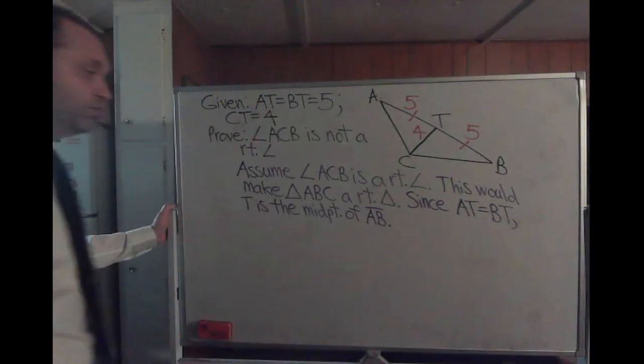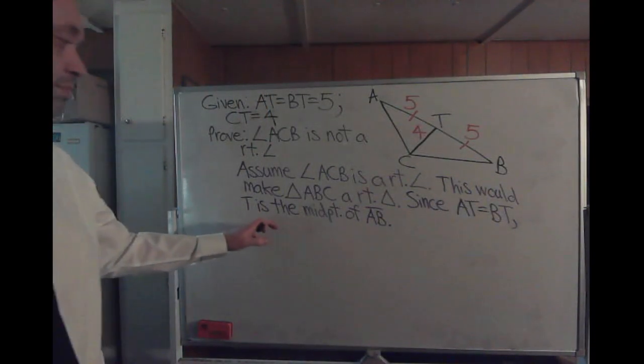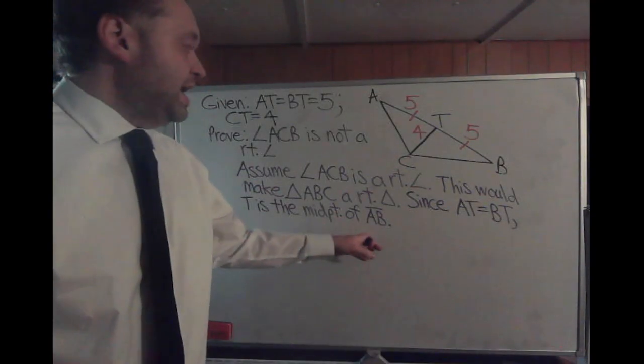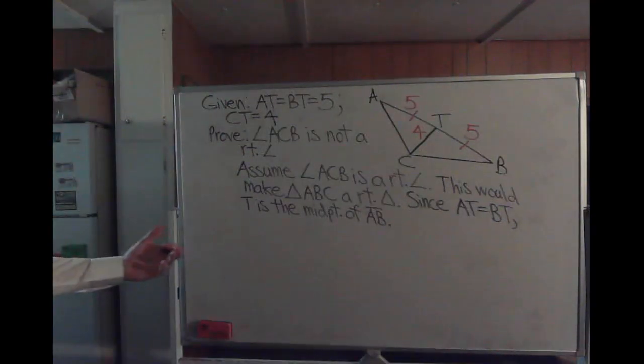Which would be true. If AT equals BT by the definition of midpoint, then you would have that T is the midpoint of AB, right? Because you have two congruent segments.